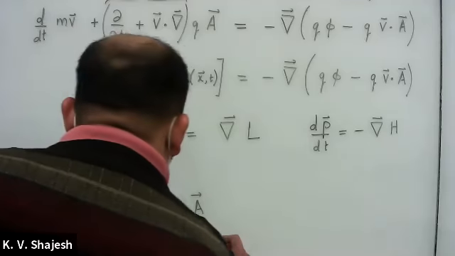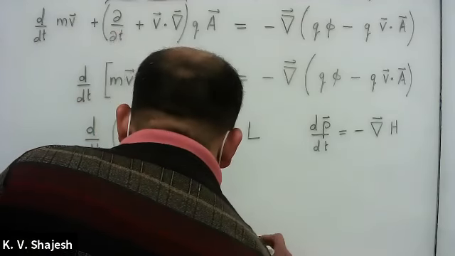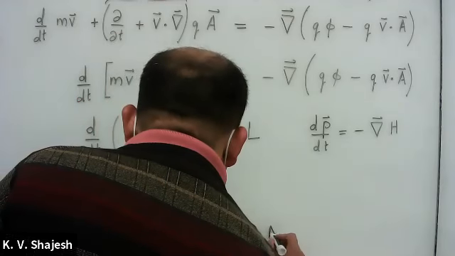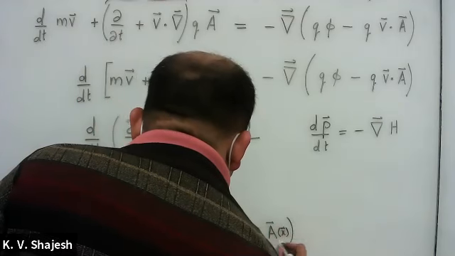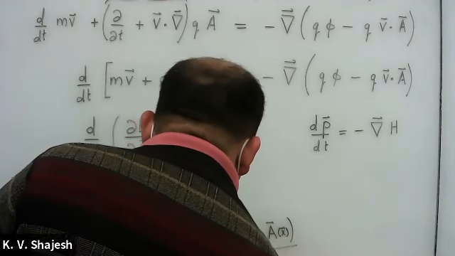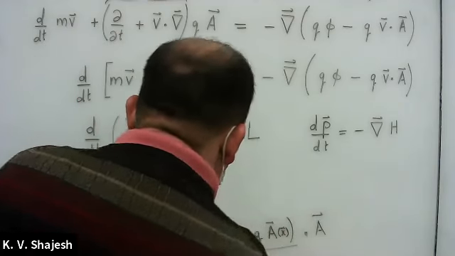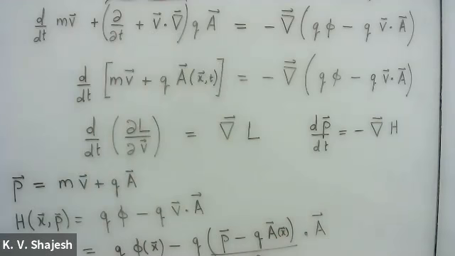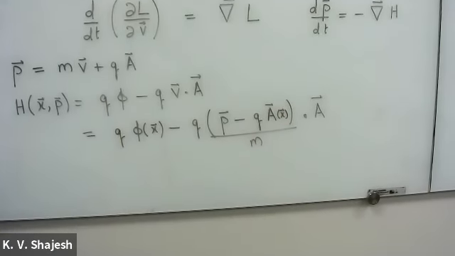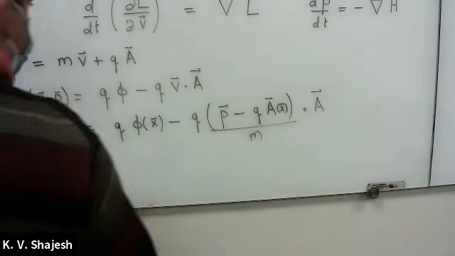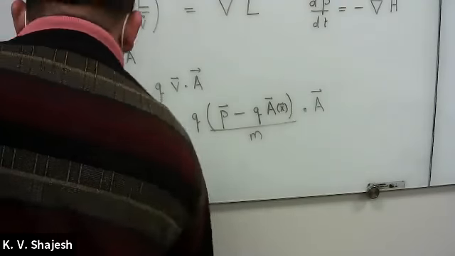So I would say this is p minus q times a, which is a function of x, divided by m, dotted with a. Right, so that's equal.